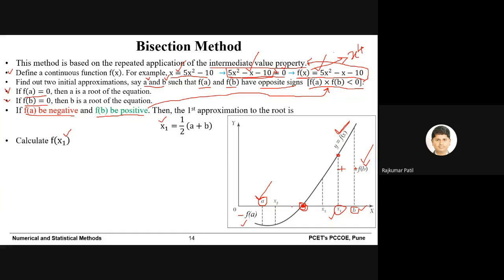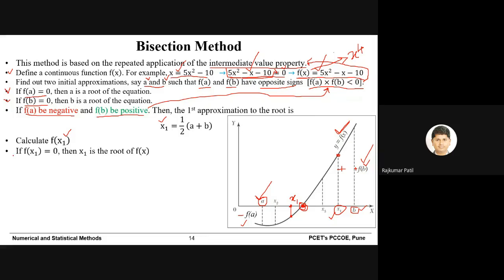But if you got x1 at another point, you would get f(x1) as negative. In actual practice you don't know where x1 will be, so you need to calculate f(x1) to decide between which interval the root is lying.